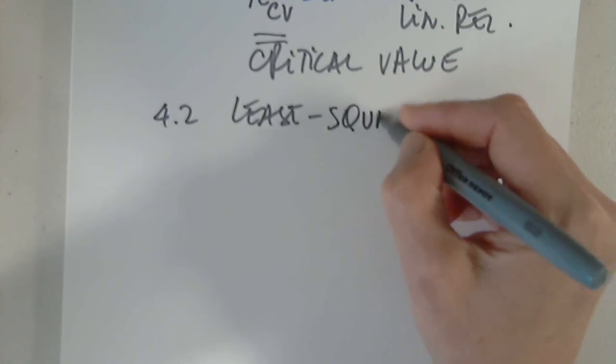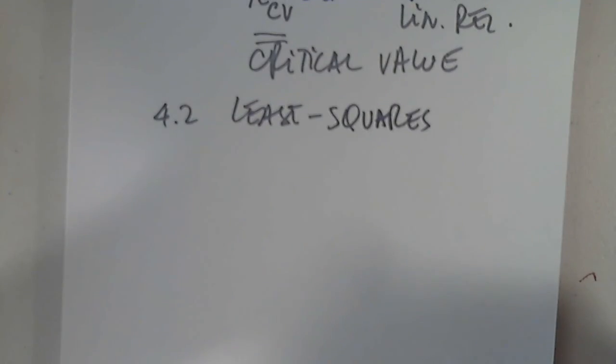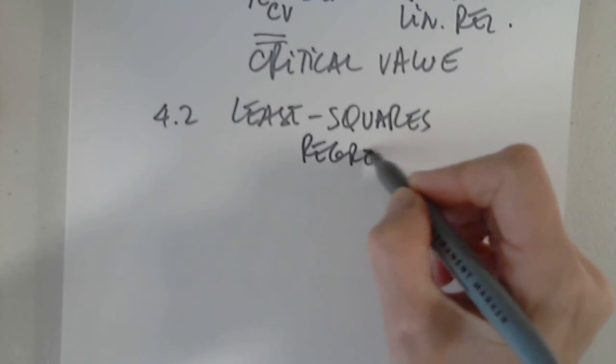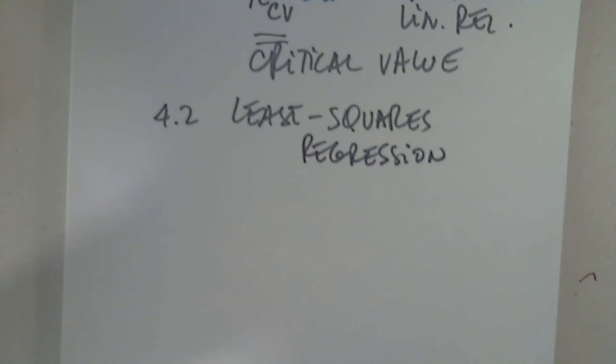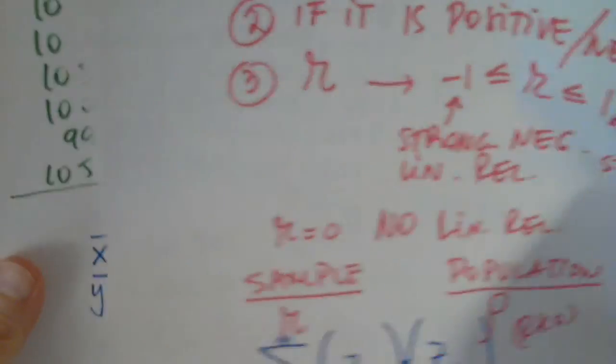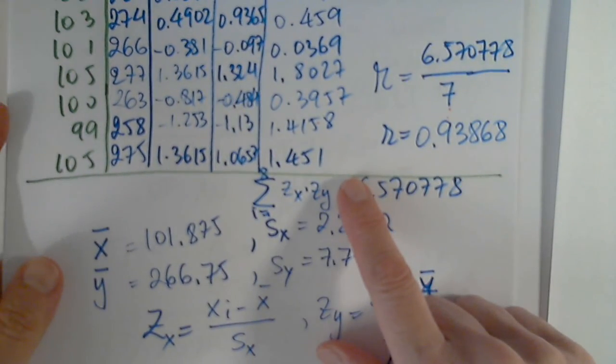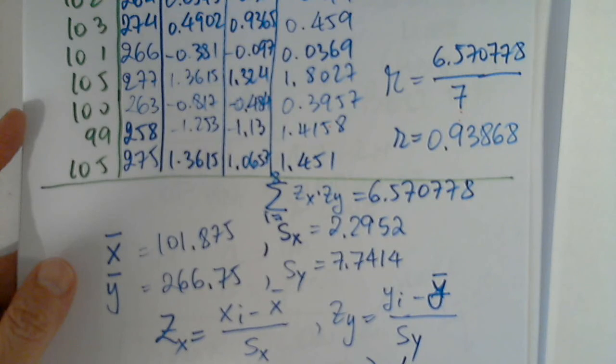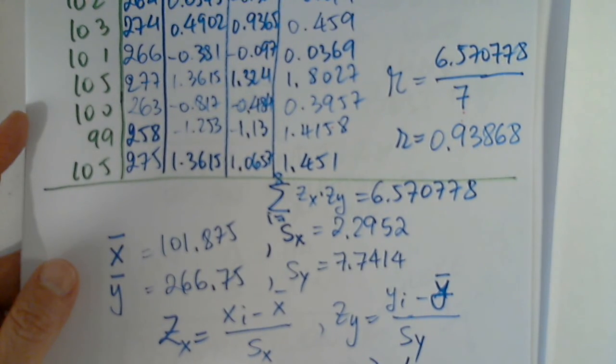Least squares. Yes? Clarify. We use technology to find the regression line, but now we're going to learn how to do the regression line manually, right? Yes, we can.